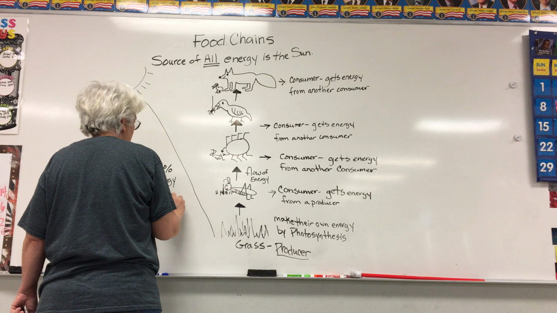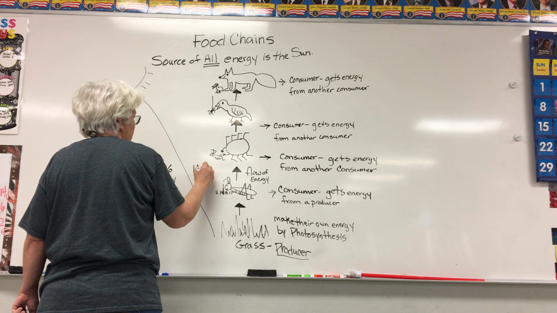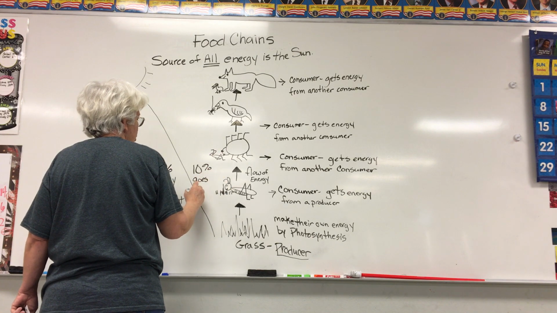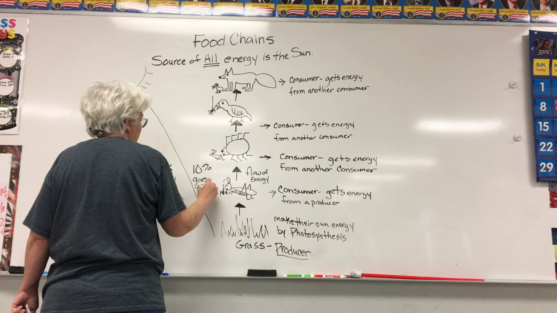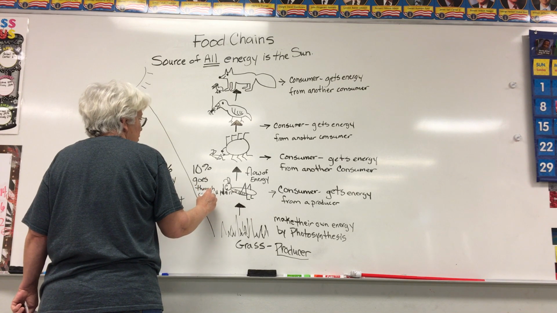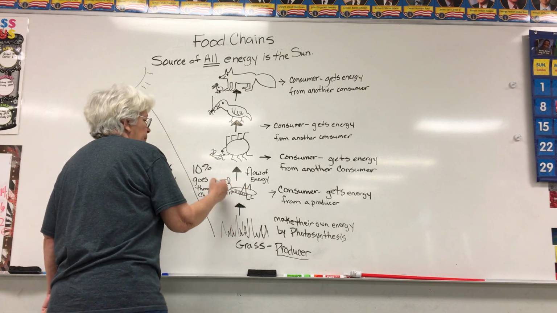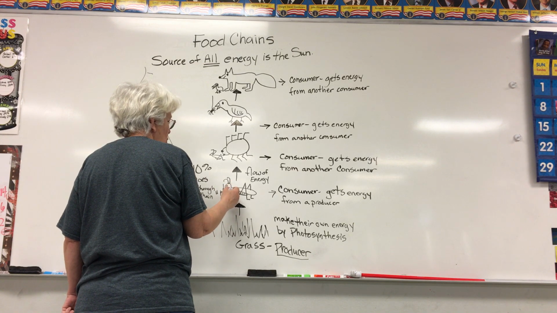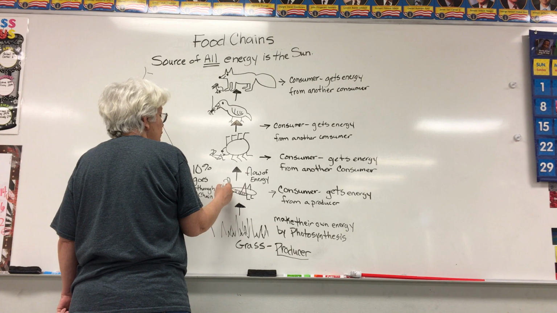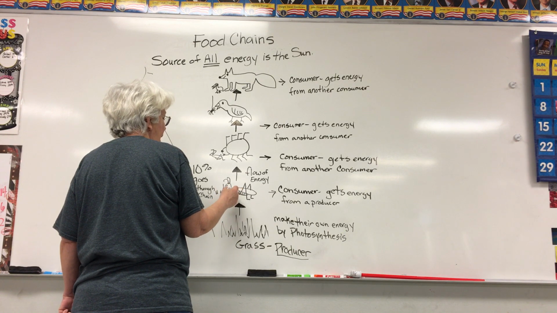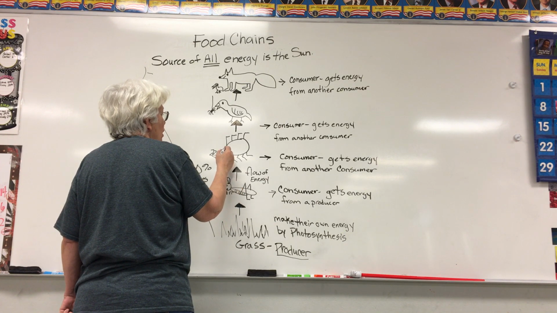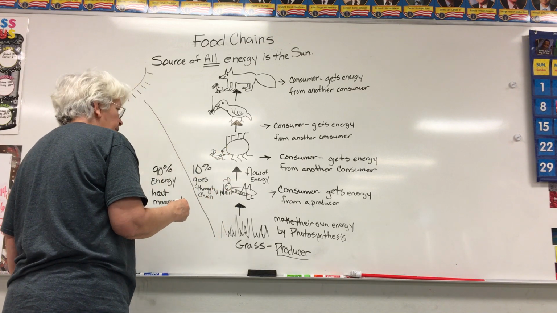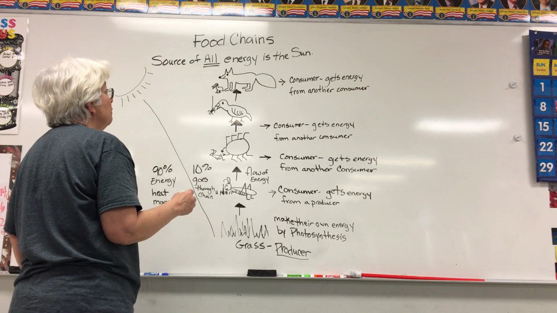And only 10% goes through the chain. So the grasshopper eats the grass, and 90% of what he consumes is for his own movement and his own heat. When he is eaten by the spider, the spider is only getting 10% of that energy. Everybody see that? All right.